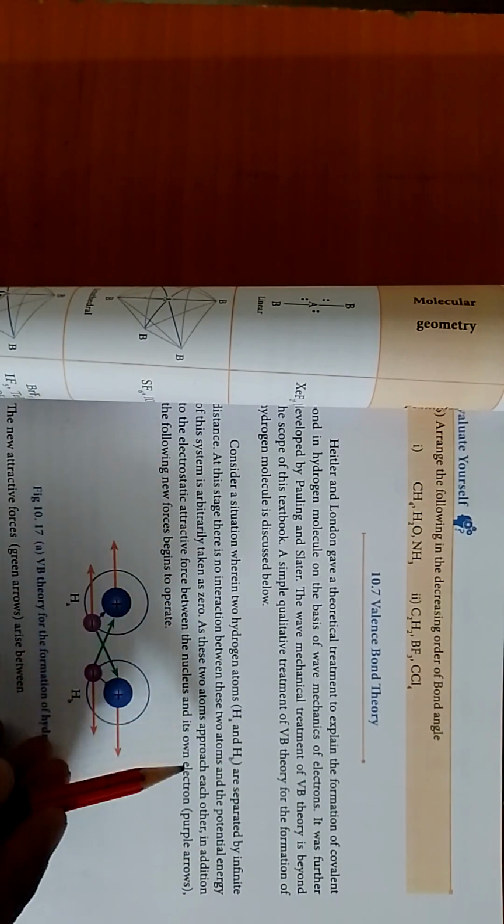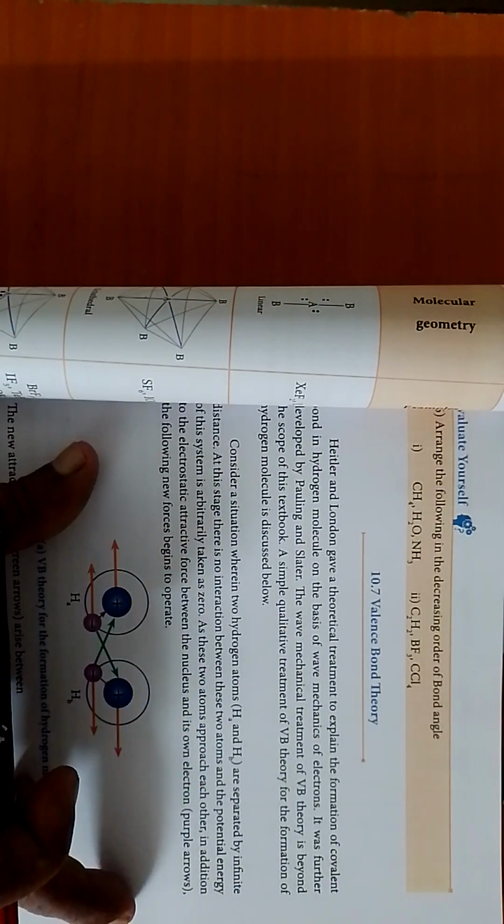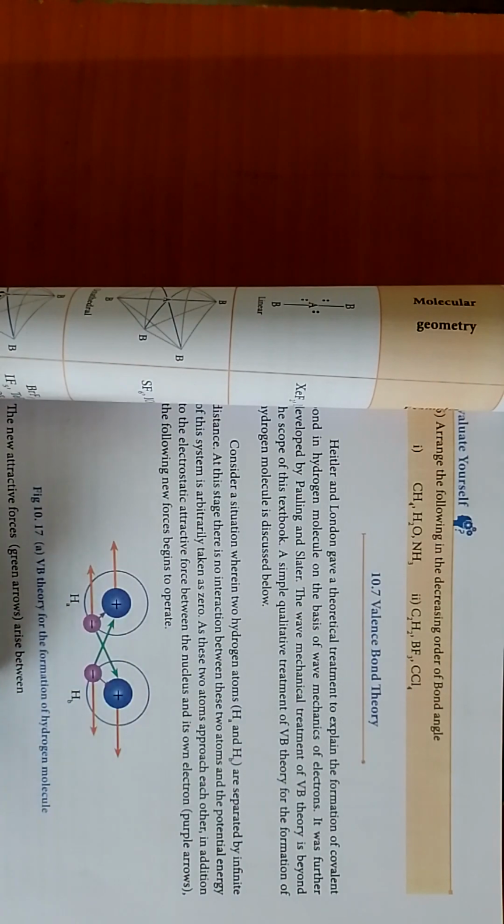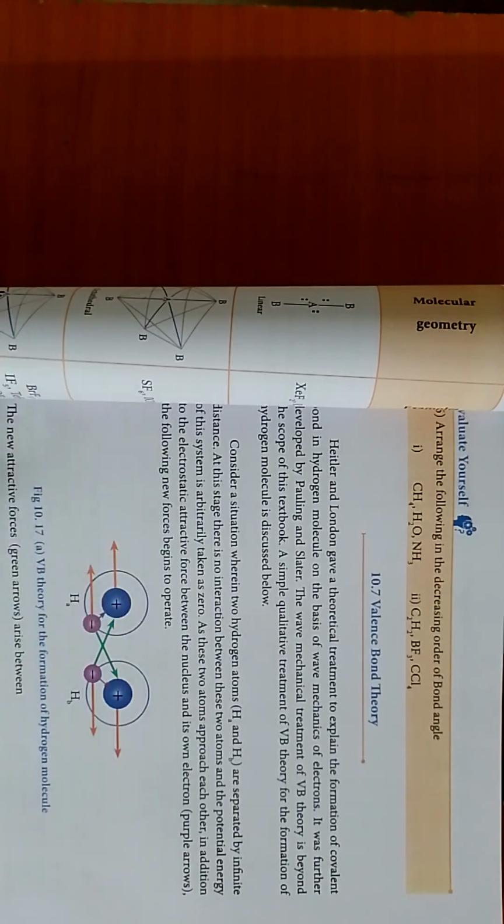As these two atoms approach each other, initially it is at infinity, now it is slowly approaching. In addition to the electrostatic attractive force between the nucleus and its own electron, purple arrows, the following new forces begin to operate: green arrows and brown arrows.